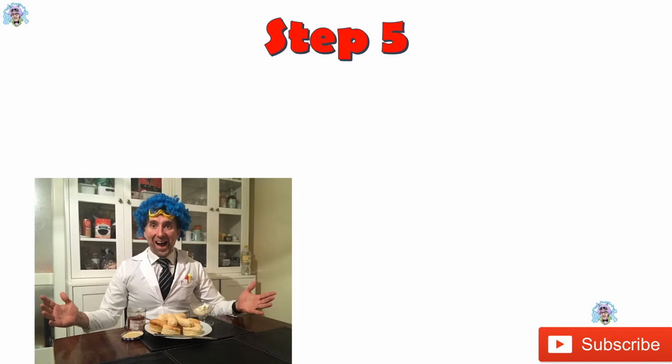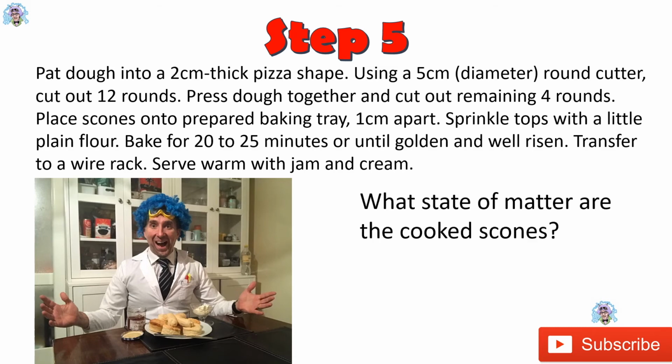Now, as you can see by the picture here, step number 5 is our last step. So here we go. Pat the dough into a 2 centimeter thick pizza shape, using a 5 centimeter in diameter round cutter, something like a cup would work really well. Cut out 12 rounds.